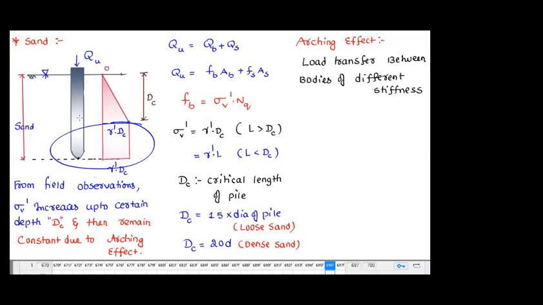Due to that, the stiffness of the pile and soil both are same. So beyond DC, the vertical stress remains same. That is the meaning of arching effect. Okay. Now, that's about the FB value.